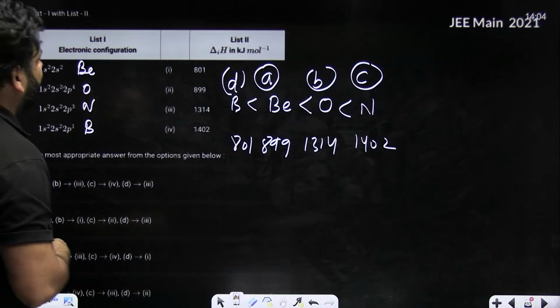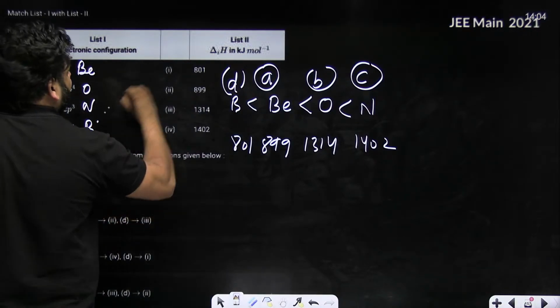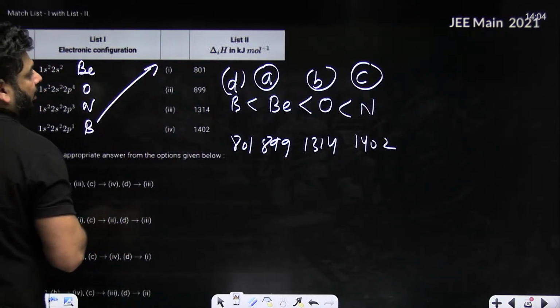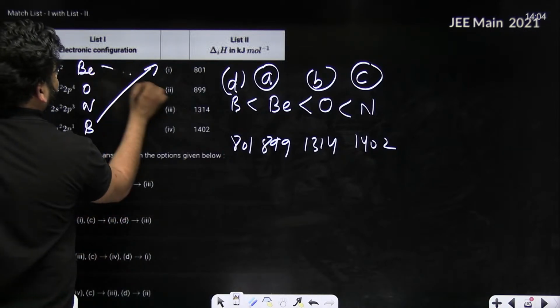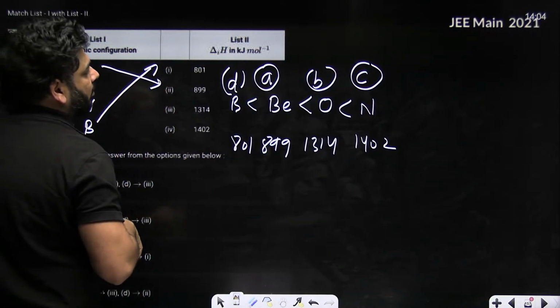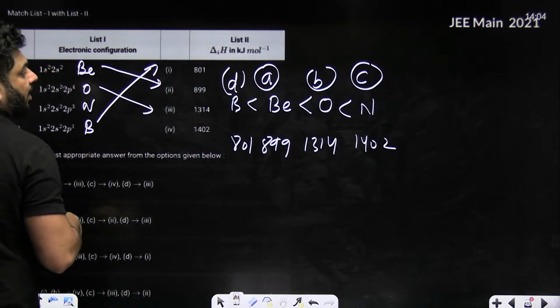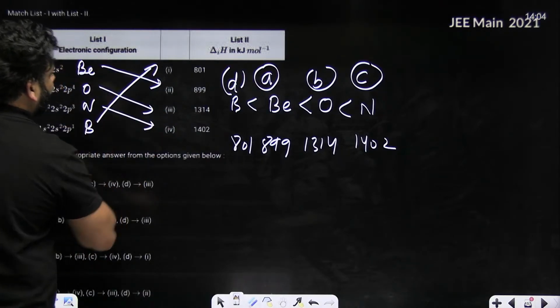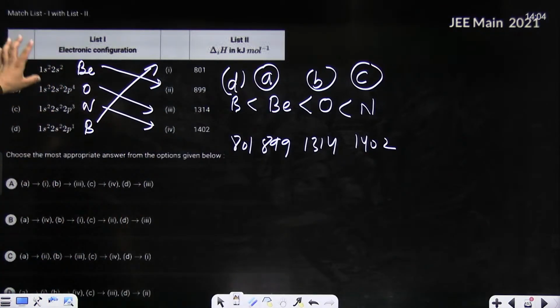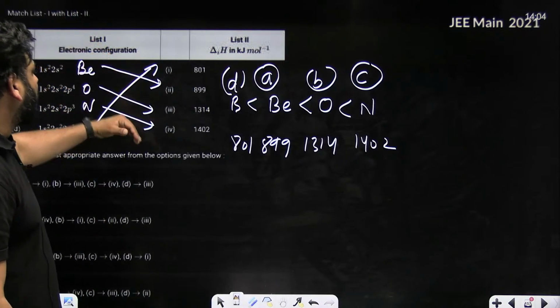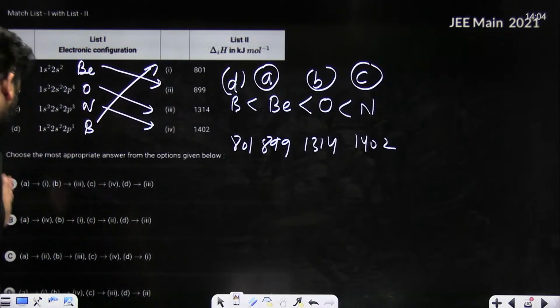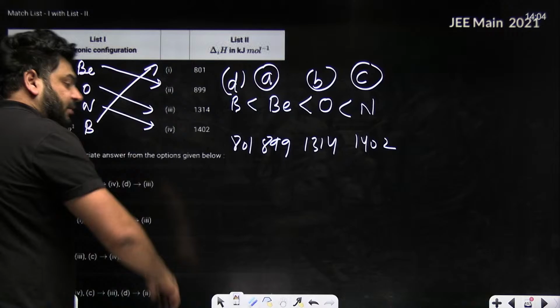D belongs to 801. A belongs to 899. B belongs to 1314. C belongs to the third, and nitrogen belongs to the final one. So the correct answer is 2341. I think C is correct.